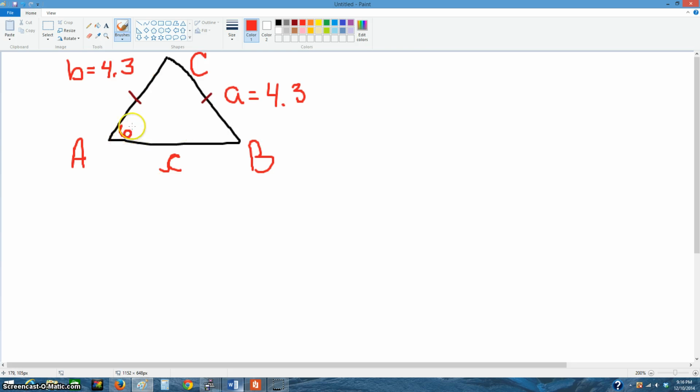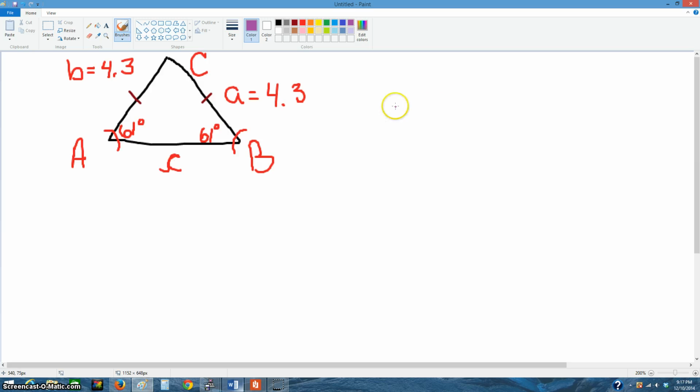Now here's the tricky part, because if you remember your geometry, if two sides are equal, then their opposite angles also have to be equal. So in other words, this angle has to be equal to this angle. So in other words, angle B is also 61 degrees. Well, since I know two angles of a triangle, I can go ahead and get my third one.